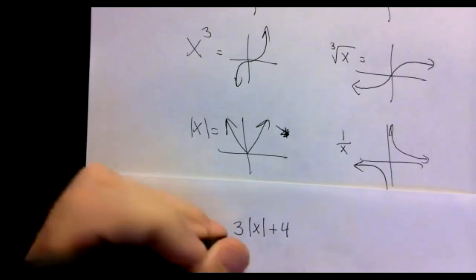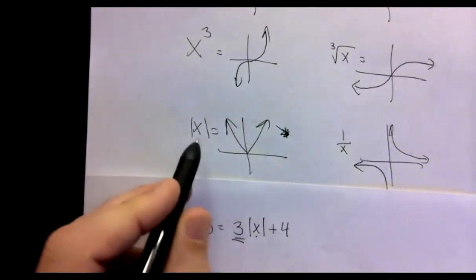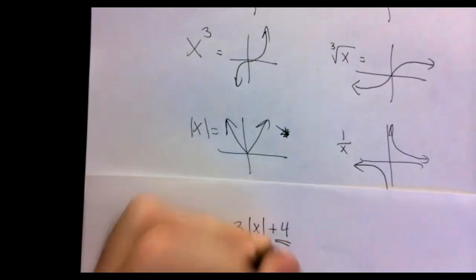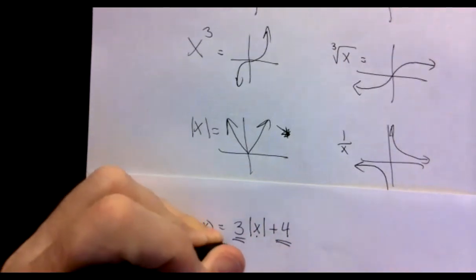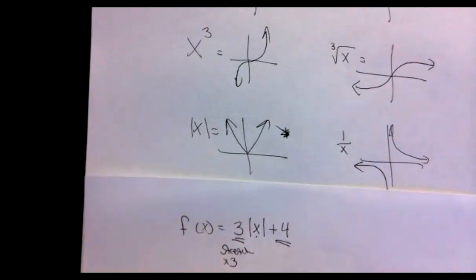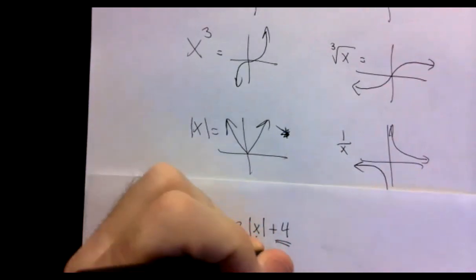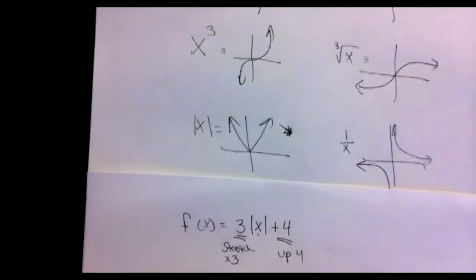Okay, so if we have a multiplier of 3, absolute value, so that's going to be this V-shaped graph. This plus 4 is outside, so this is going to stretch by a factor of 3. And then this is going to shift the whole thing up 4 units.